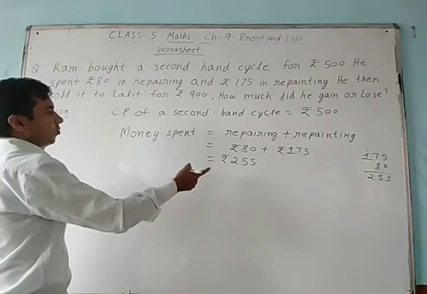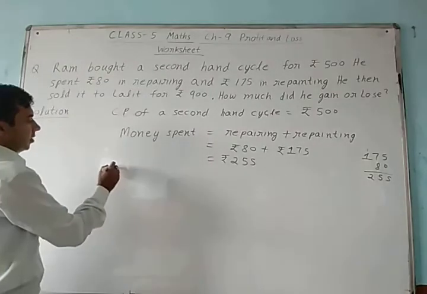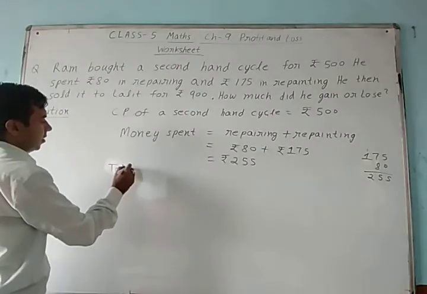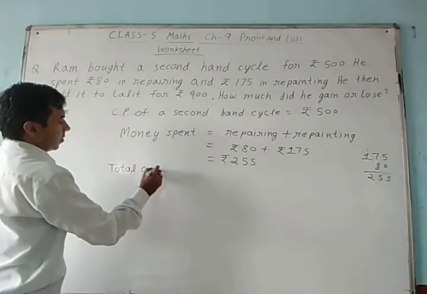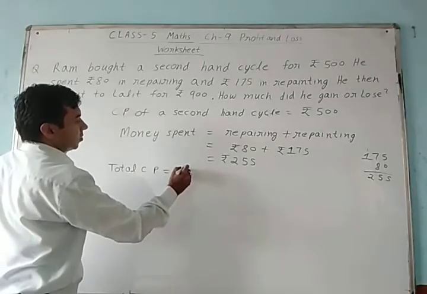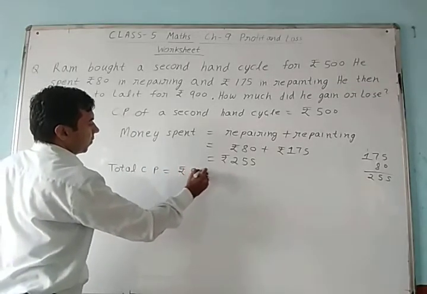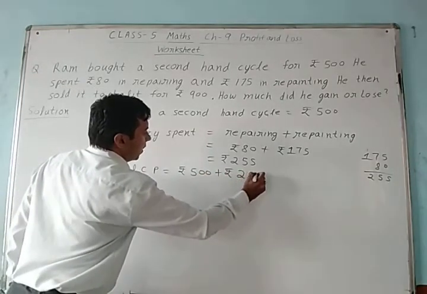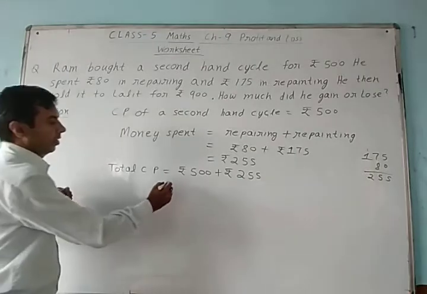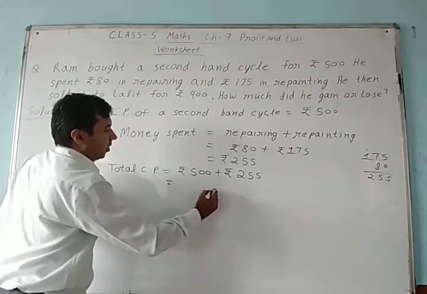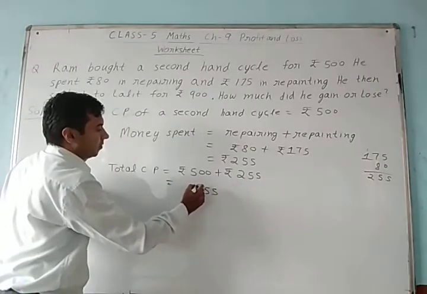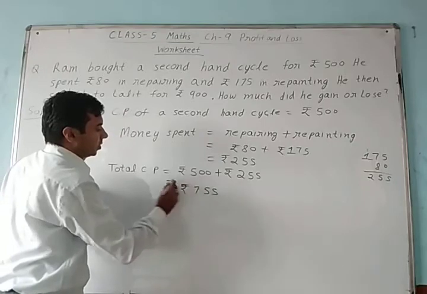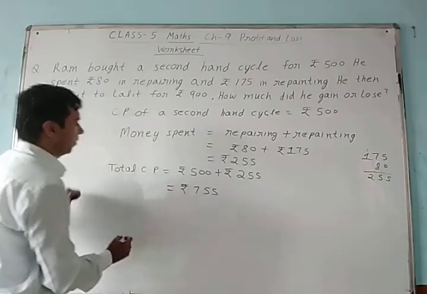Now we add this 255 to this cost price. Total cost price is equal to rupees 500 plus rupees 255, student. Now adding: 5, 5, 5, 6, 7, rupees 755.